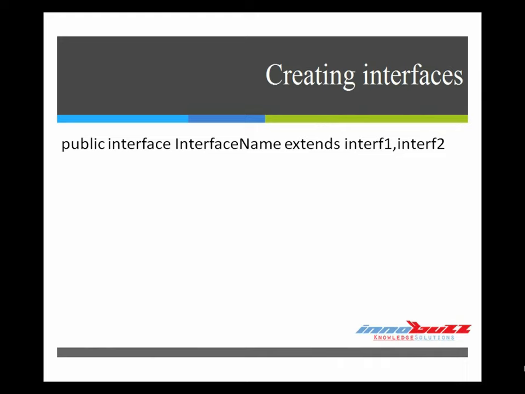We can create an interface with the interface keyword: public interface, interface name, and it can also extend other interfaces. We will see that in a later slide. Inside the brackets, we have constants with the type name and constant name, and we give the value.